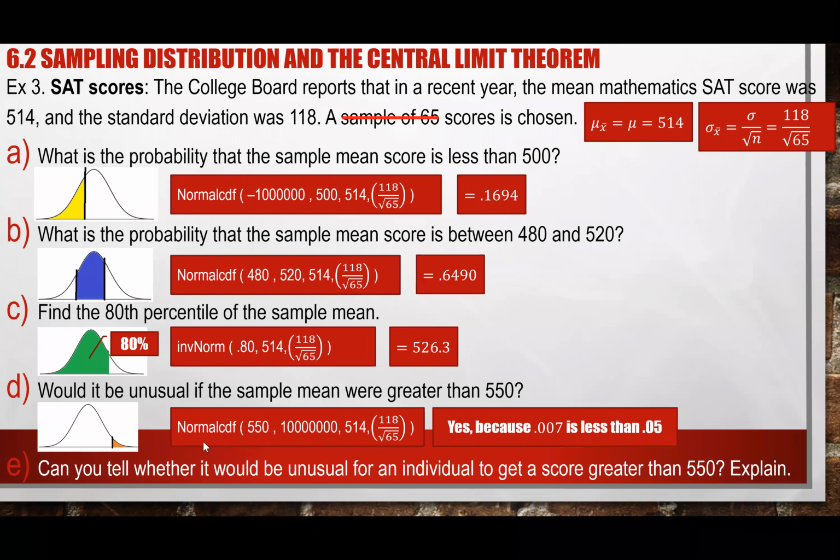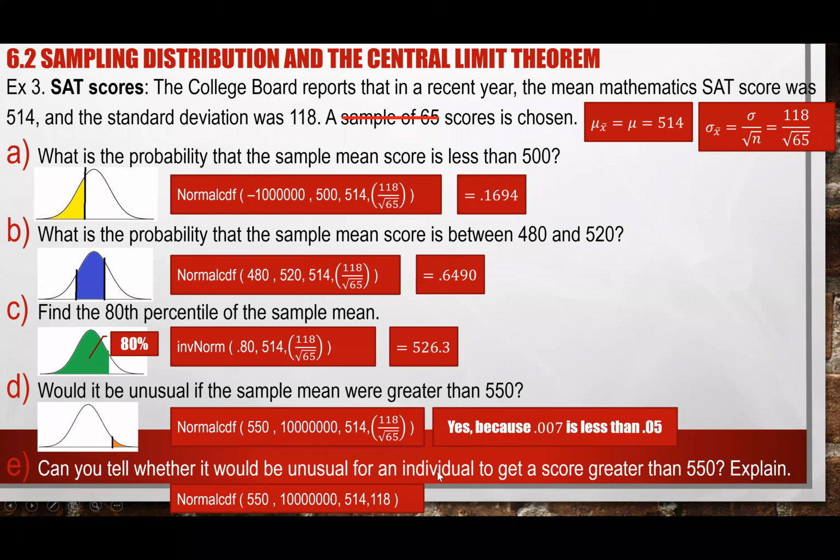To do this, same idea as before, we're looking at this item, but the only thing different is that right here, we are not dealing with the sample. We are not dealing with the 65 people as a sample. We deal with the whole population. If I take one of you, the individual, and give you this test, will you score greater than 550?